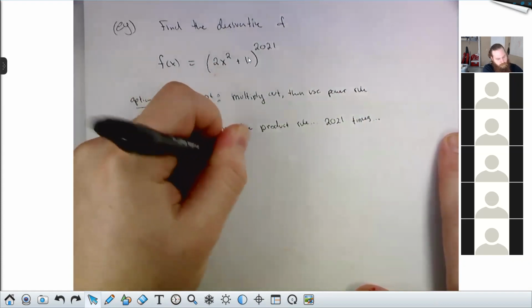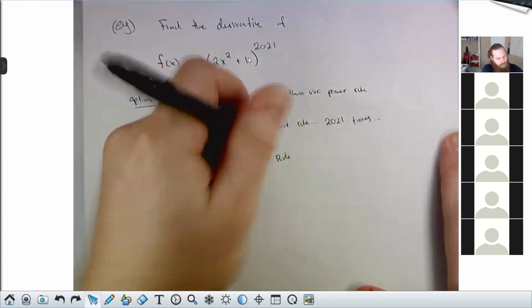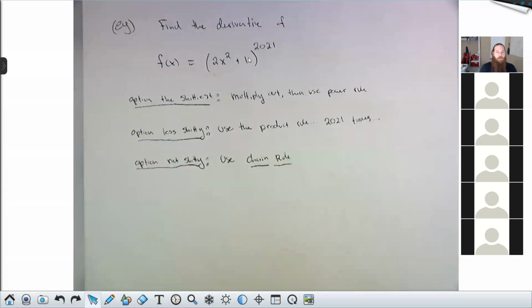Use the chain rule. Right? Instead of multiplying this thing all the way out and using the power rule, or instead of thinking of it as this thing times itself a bunch of times and using a ton of product rules, I can think of this as the inner and the power here as the outer.